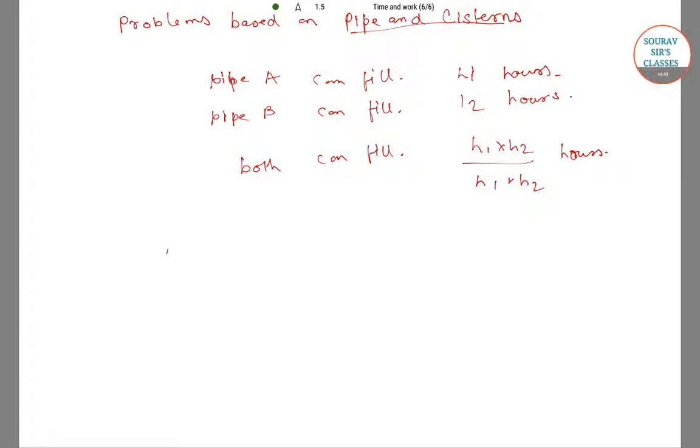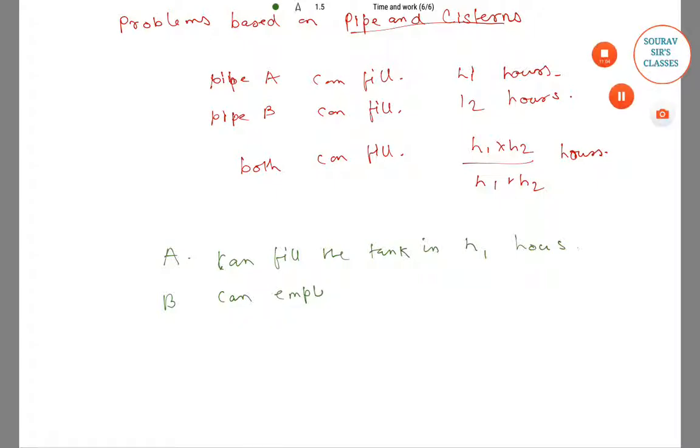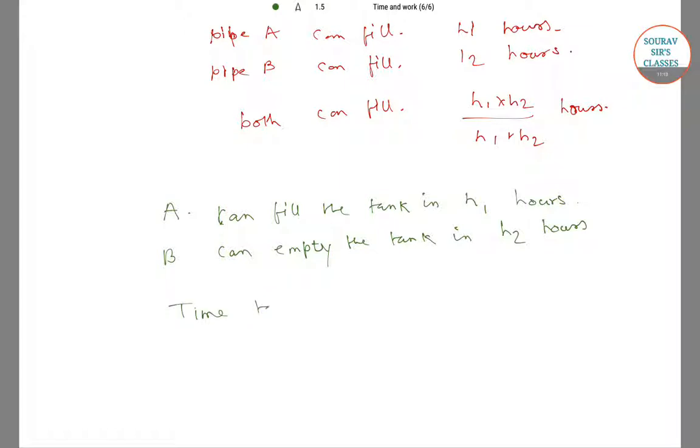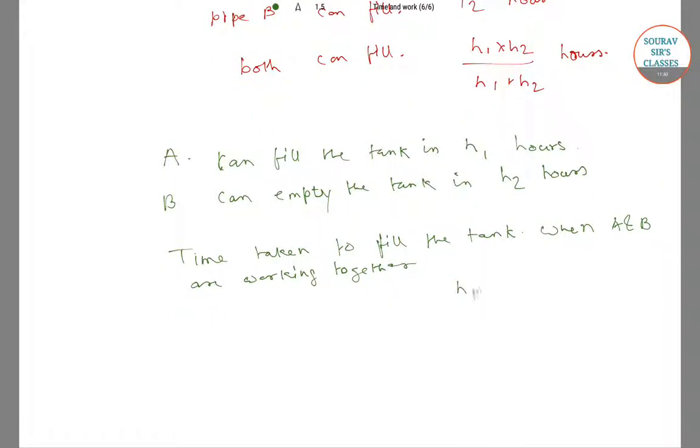For example, if there is a pipe A that can fill the tank in say H1 hours, and pipe B can empty the tank in H2 hours, then the time taken to fill the tank when both A and B are working together is given by H1 into H2 divided by H2 minus H1 hours.